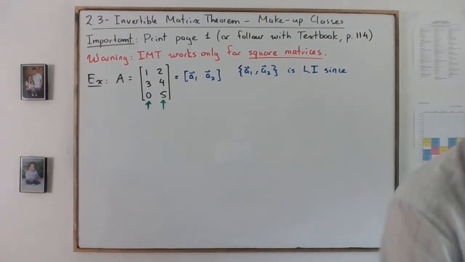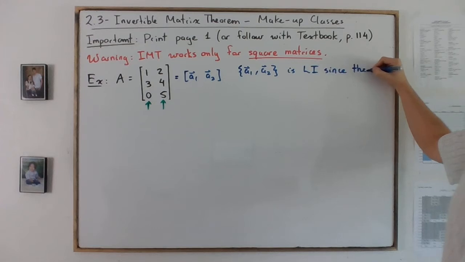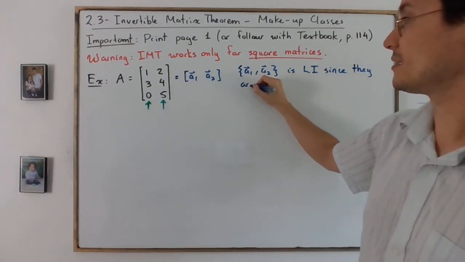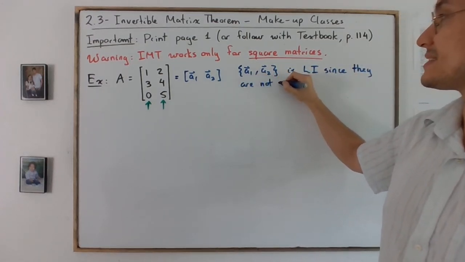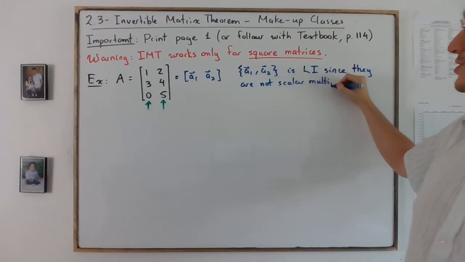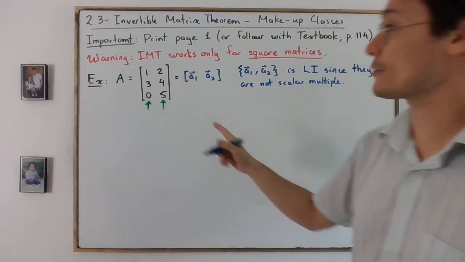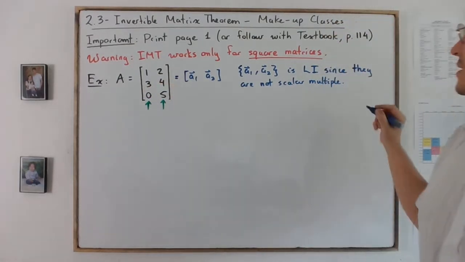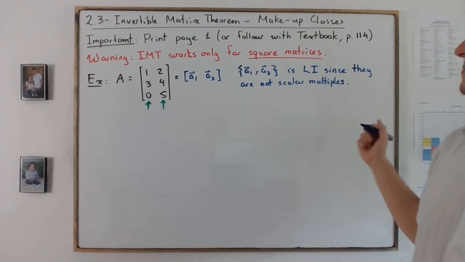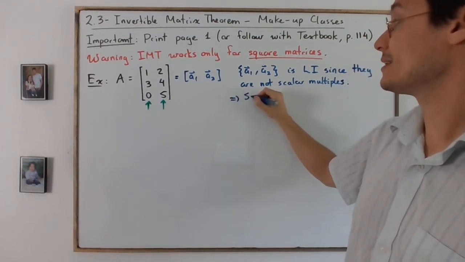Let's erase this, because I want you to explain that to me. Since they are not scalar multiples, you could also say that this is a row echelon form. Oh, it's not a row echelon form. Be careful. So since they are not scalar multiples, statement E is true.